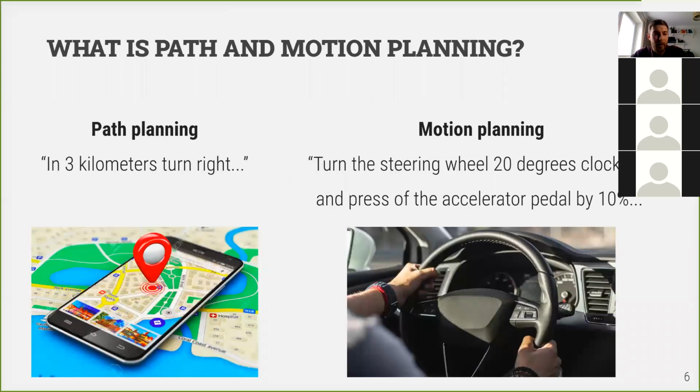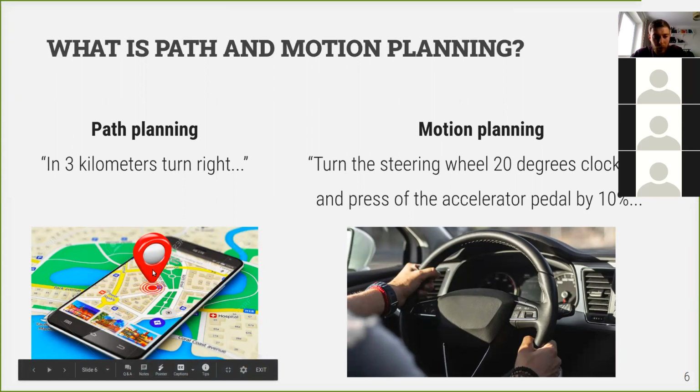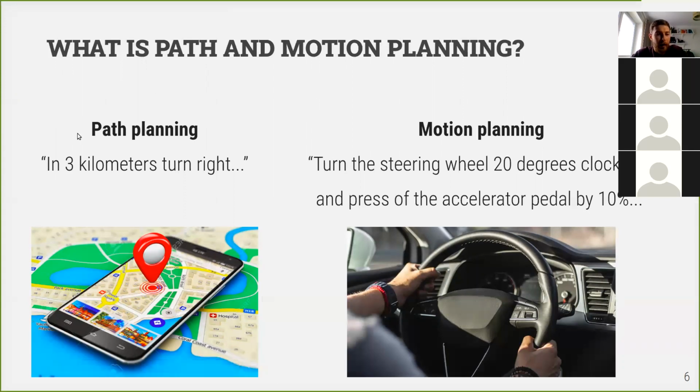And there is an example. For instance, you have a navigator in your cell phone or in your car, and path planning is when our navigator is saying that in 3 kilometers we have to turn right. This is path planning. We know that at some point of space in 3 kilometers we will have to turn right. And motion planning is a bit more complex.